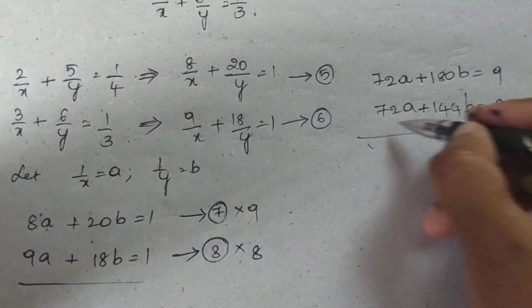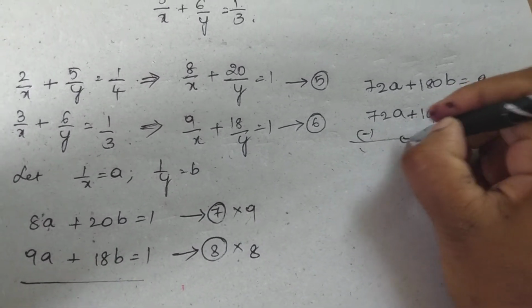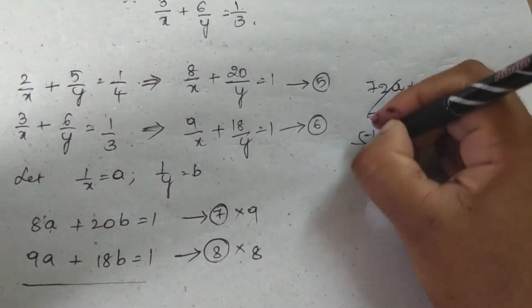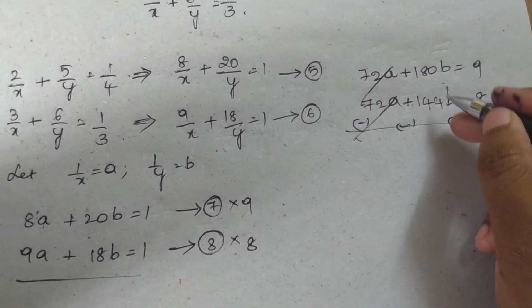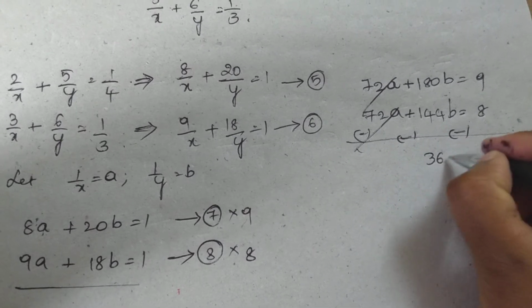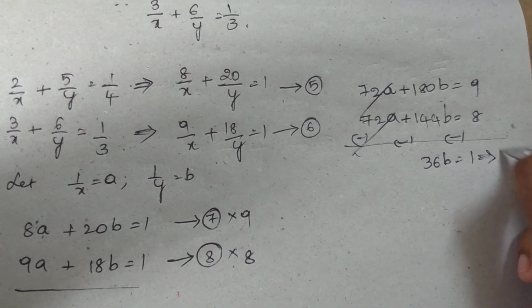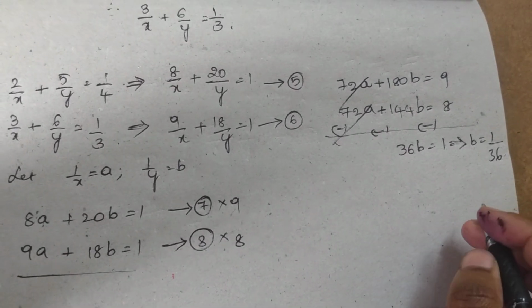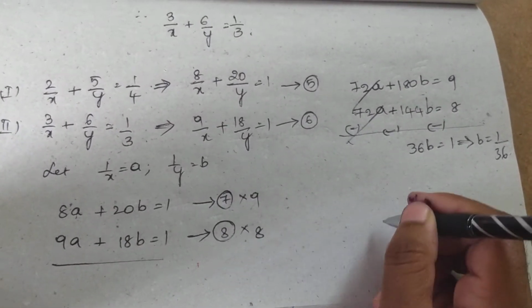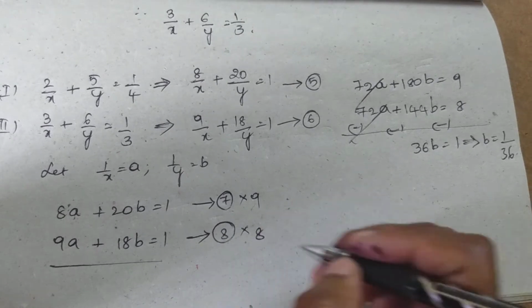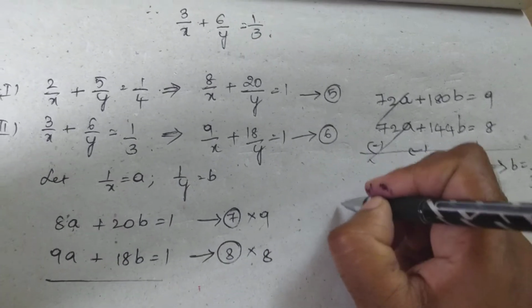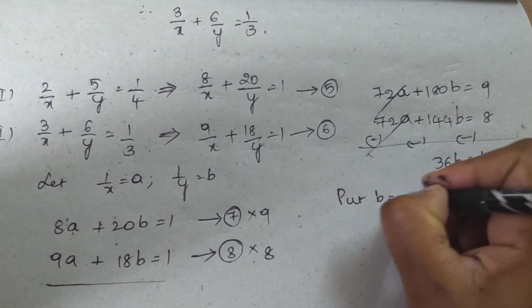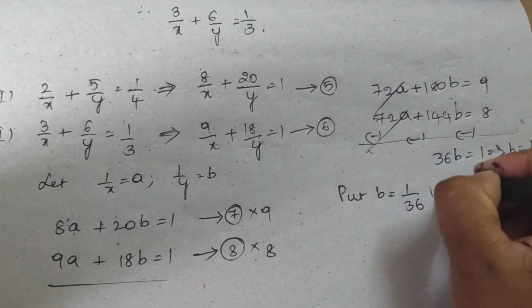So let's do subtraction. When you do subtraction, what do we get? 72a will be cancelled off. It becomes 36b equals 1, which implies b equals 1 by 36. So we got the b value as 1 by 36. Put b equals 1 by 36 in equation 8.